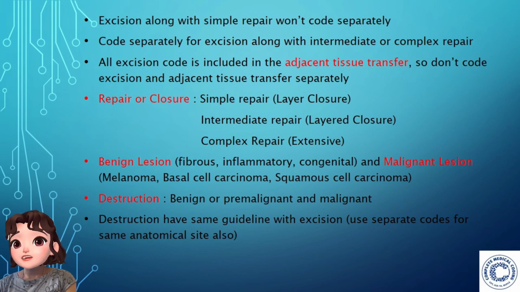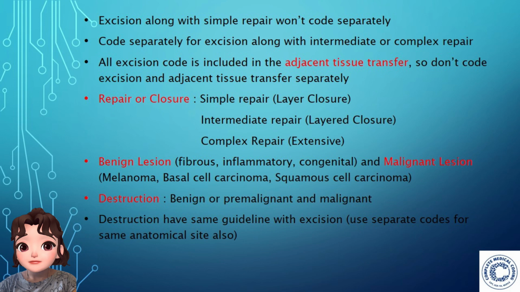Next, excision along with simple repair won't be coded separately. Excision and a simple repair we will not code separately because the excision code is already included in the simple repair. We will code separately for excision only if it is an intermediate or complex repair.